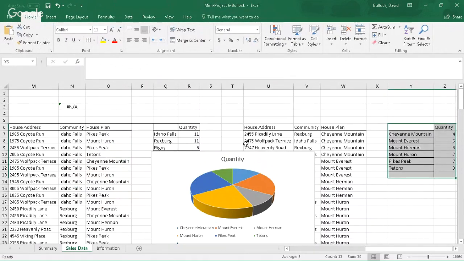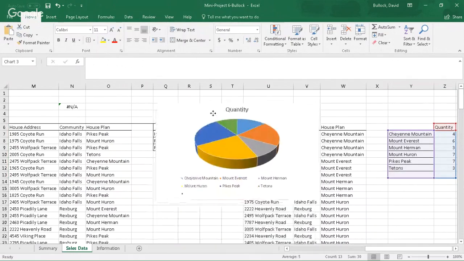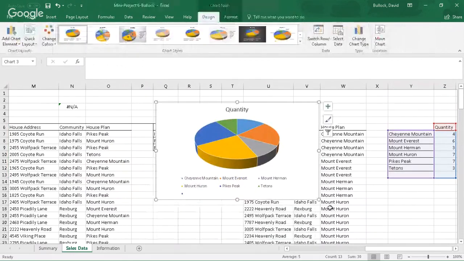No worries. So there's my quantity one for communities. And for the plans. So I'll just fix that up, cut it and put it on the front, and make it all look pretty.